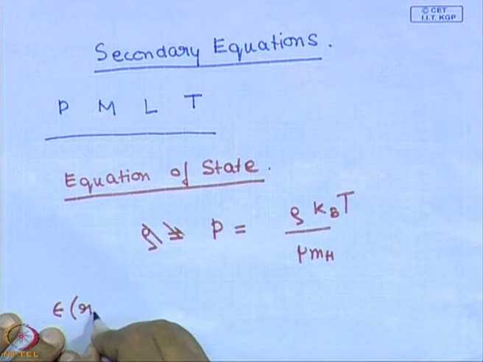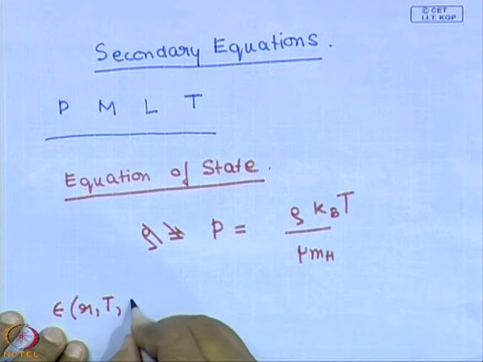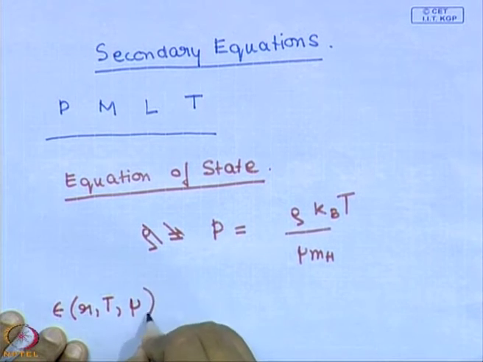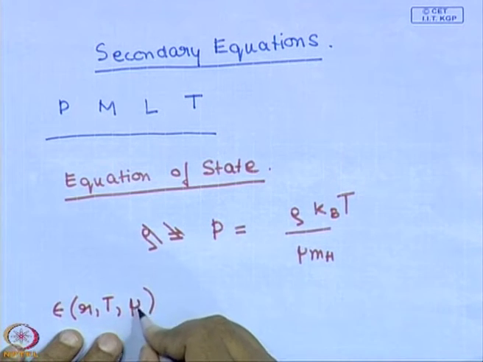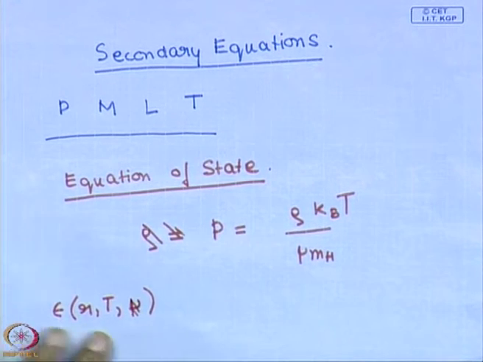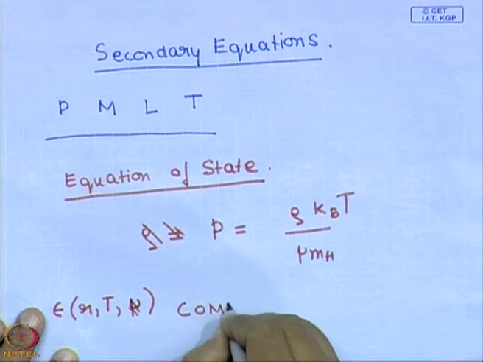We know that this is a function of the temperature, and also the composition. So, there is a composition over here, not only on mu, but also on the composition.